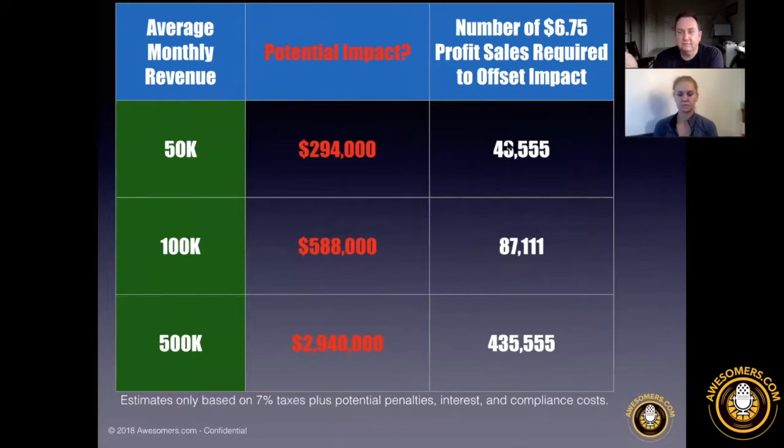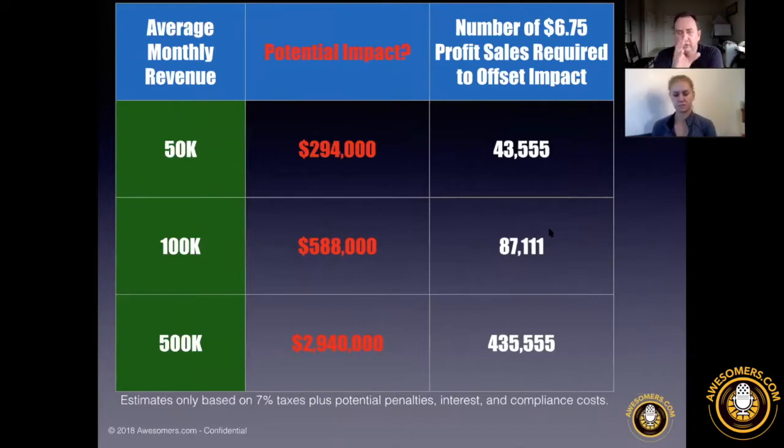Essentially, you're a slave. And obviously, if you're a 100K seller, that's 87,000 of your next sales. All of the money goes to them. By the way, in that profit, that didn't include any overhead, any wages, anything else required to operate your business. So if you can't afford that hit and this number of sales being deleted, you need to pay close attention.